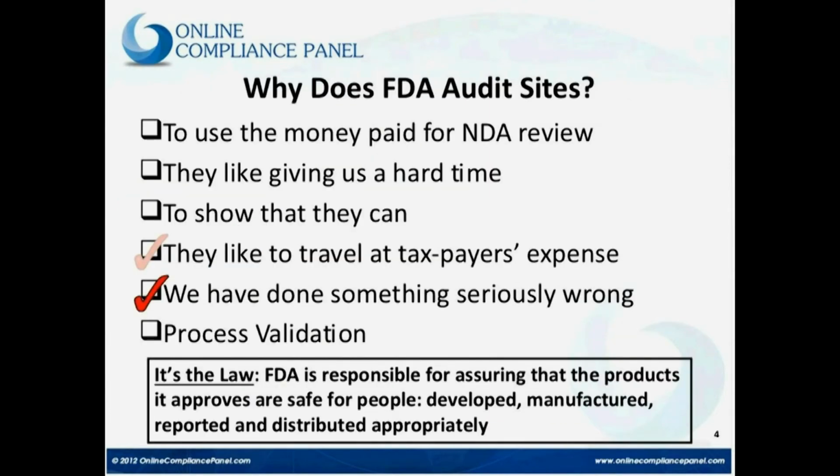Why does FDA audit sites? What is the rationale for FDA coming to you? Legally, FDA is responsible for assuring that the products it approves or allows on the market are safe for people.